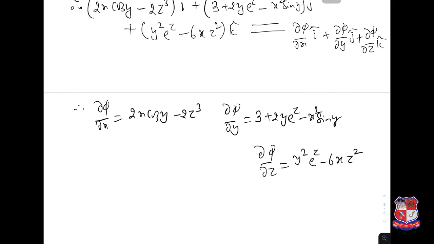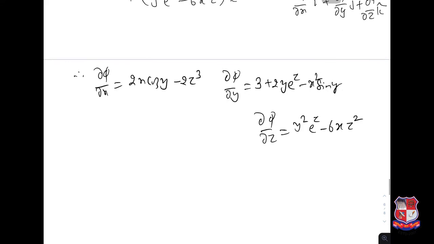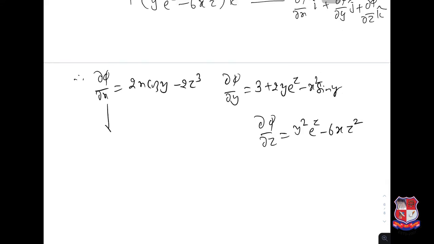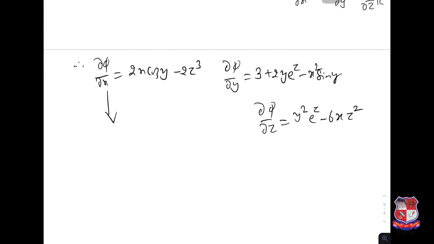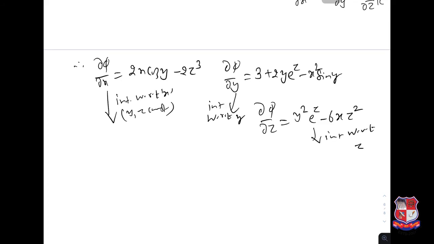Here now we need to take the integration. Again I warn you, in fact, that you should not have the derivative and integration mixed. So here we integrate with respect to x, and here y, z constant. Similarly, integrate this with respect to y, and similarly here integrate with respect to z.